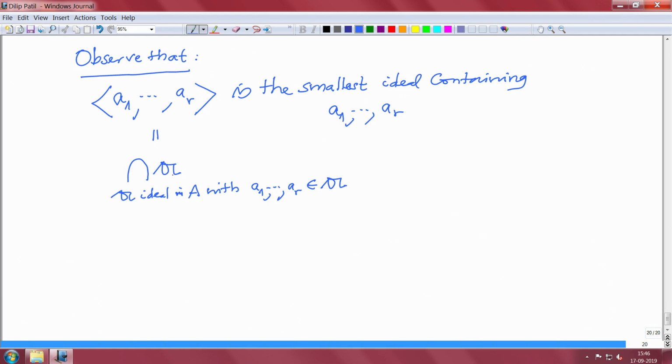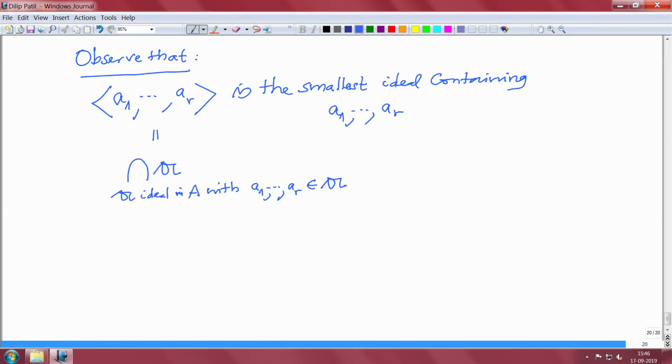Obviously there is at least one ideal which contains all the elements, namely the capital A. So this makes sense. See, the problem will arise from set theory only when you have a set where the indexing set is the empty set. Alright. So that is the smallest ideal containing this.